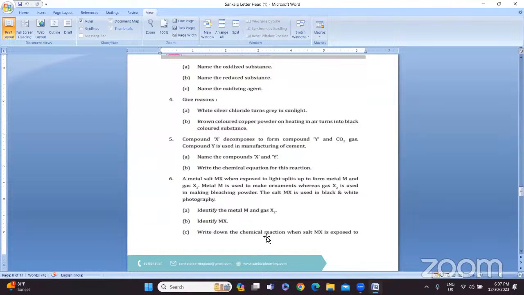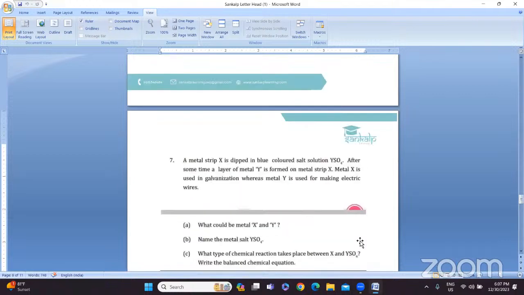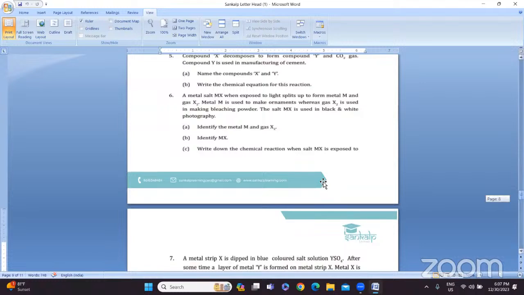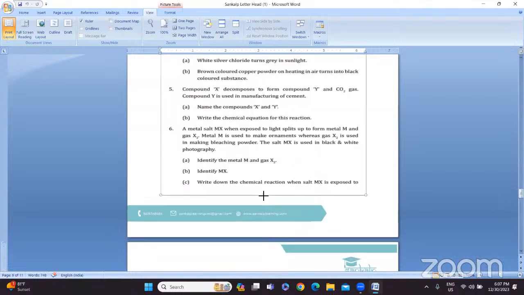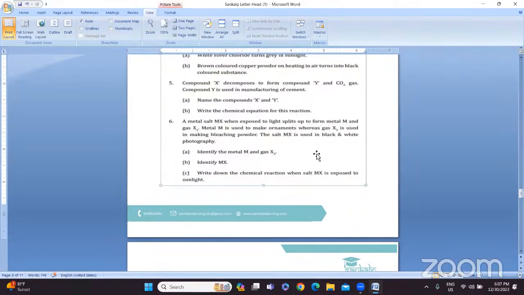B. Identify MX. And C. Write down the chemical reaction when salt MX is exposed to sunlight. So these things you have to mention.